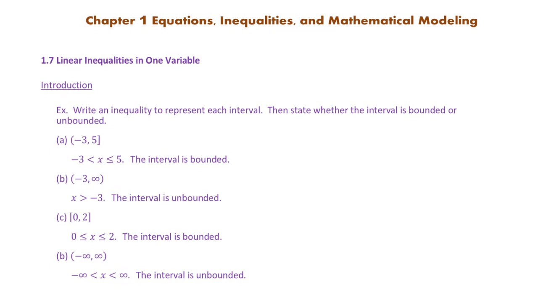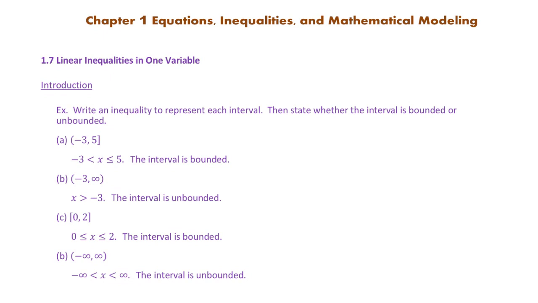The first example is the interval from -3 to 5, where -3 is not included because we have a parenthesis on the left, and the 5 is included because we have a bracket on the right at the 5. Written as an inequality, it means all the numbers between -3 and 5, including 5 but not including -3.